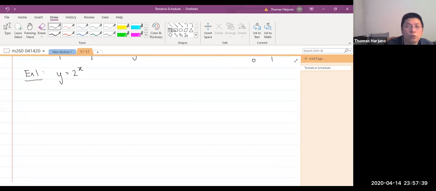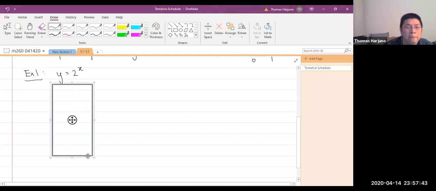What I want you to do, try to work it out, construct a table for that y equals 2 to the x. We want to plot this. So if this is x, this is y. When x equals 0, what's the y? x equals 1, x equals 2, x equals negative 1, x equals negative 2.